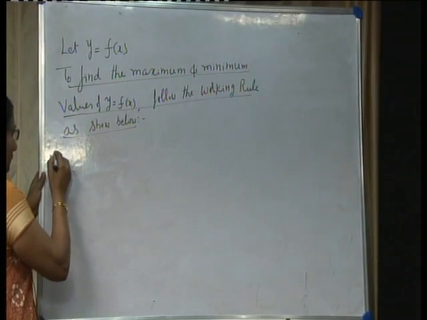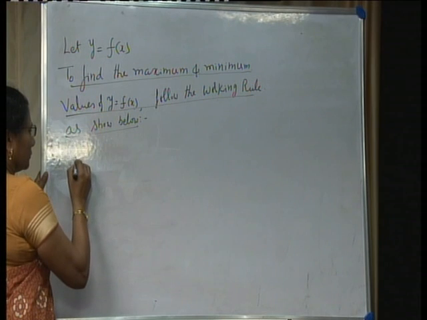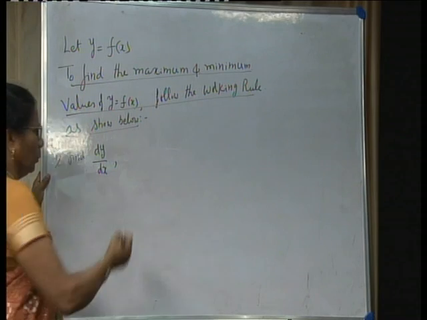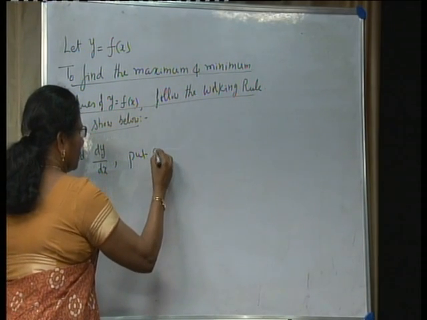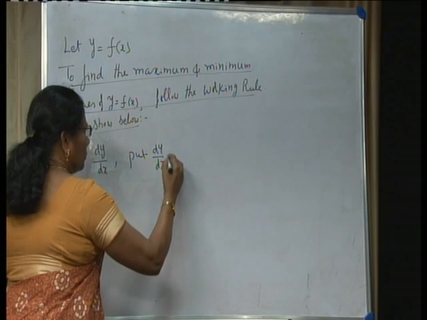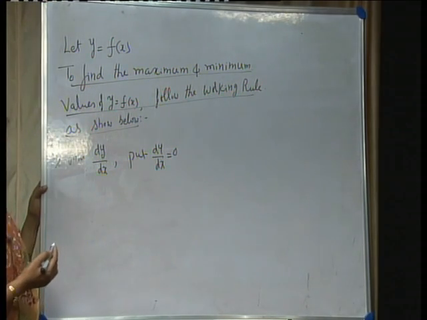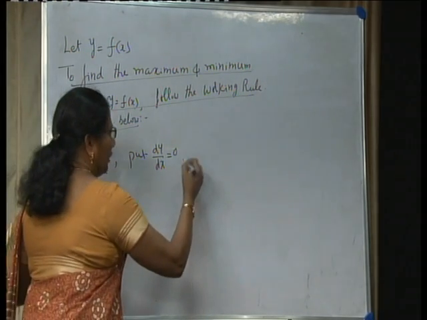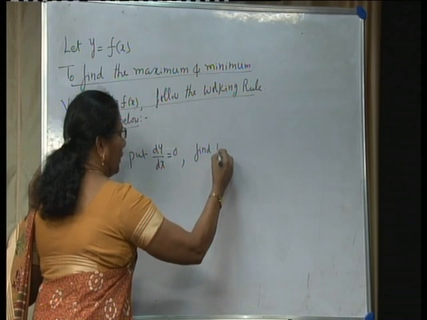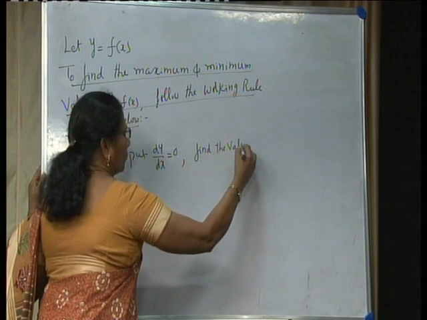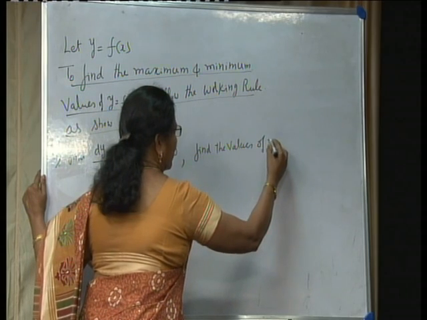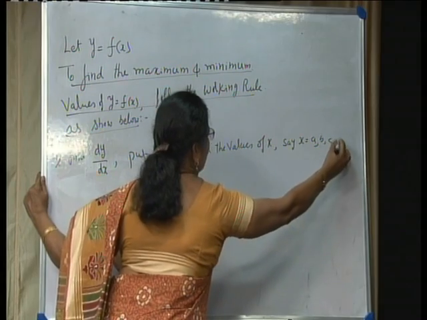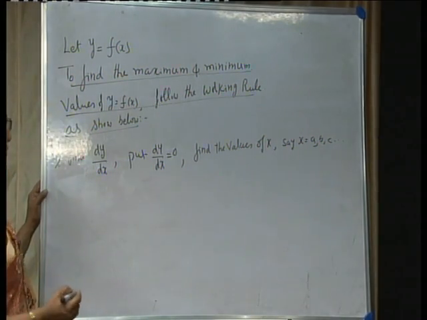The first step, find dy by dx, put dy by dx is equal to 0, because at the maximum point or the minimum point, the slope of the tangent is 0. Find the values of x, say x is equal to a or b or c, etc. That is the first step.